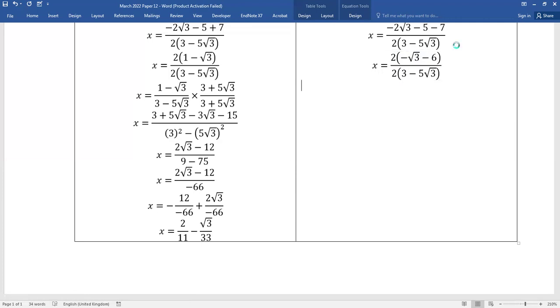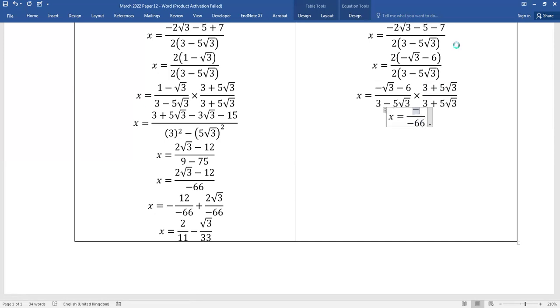If we want to cancel it out, minus 3 minus square root of 3 minus 6, 3 minus 5 square root of 3. We already know that the denominator will end up being minus 66. We'll just focus on the numerator.